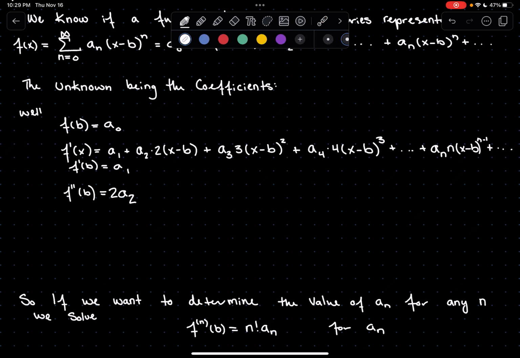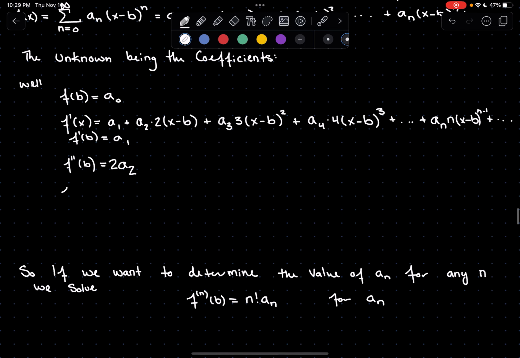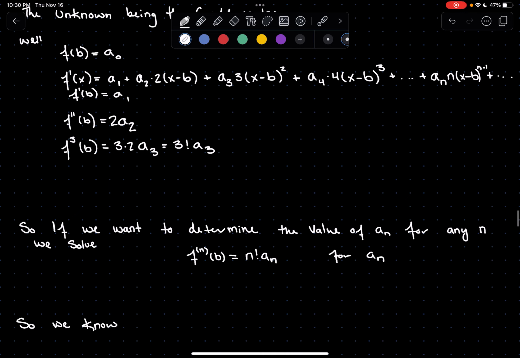And so I'm going to keep getting a pattern. So f double prime is 2a2, and f triple prime of b is going to be 3 times 2 times a3, which is just equal to 3 factorial times a3. Let's see if this pattern holds. I'll let you confirm for yourself because I'm running out of room.